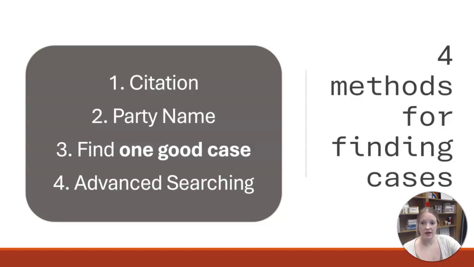Those are created by attorney editors or sometimes AI. And then the topics and key numbers, which classify cases by subject, right? So we can take any one of those tools, working from this one good case that we have, to get to other relevant sources. So we're expanding our research from one source that we've already determined to be relevant.